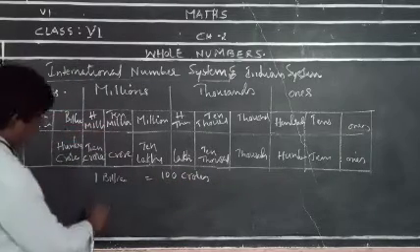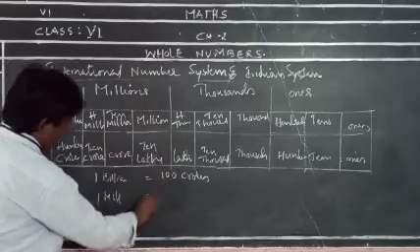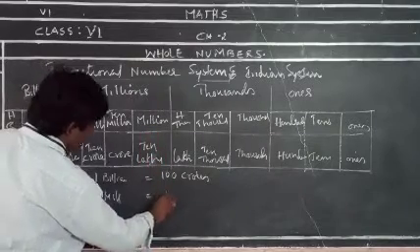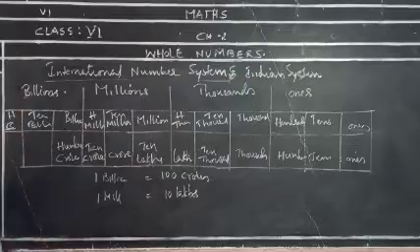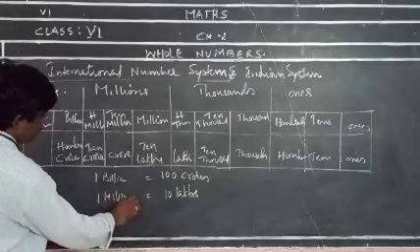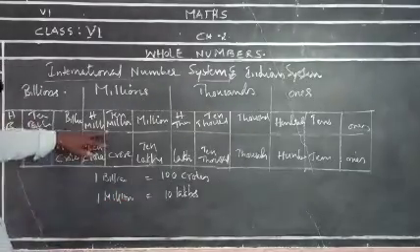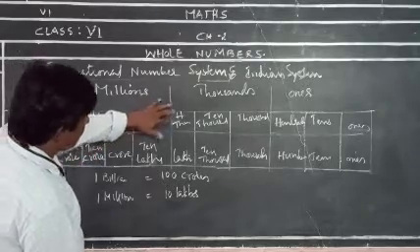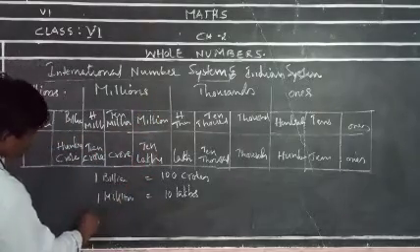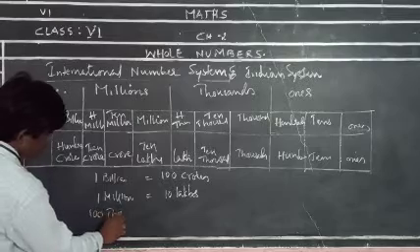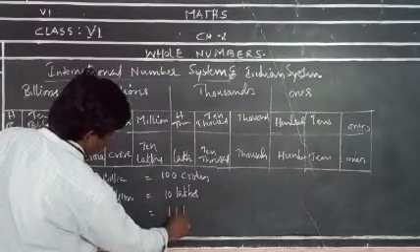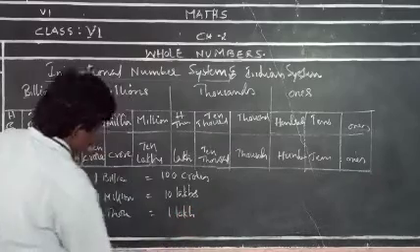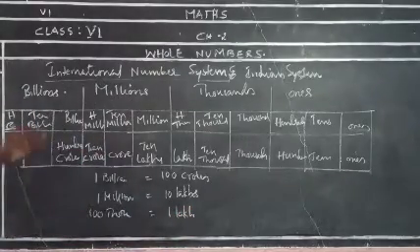Suppose I want 1 million. 1 million means what in the Indian system? 1 million means 10 lakhs. And 100,000 means how much in the Indian system? 1 lakh. By this way you can give anything.